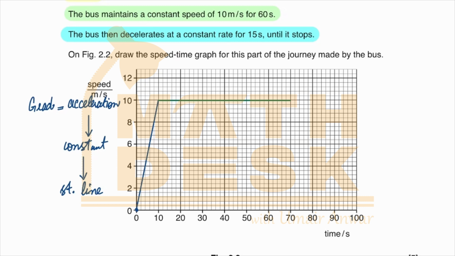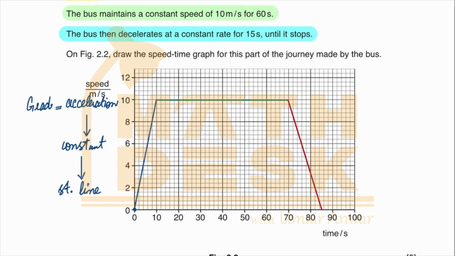And now the final part of the journey, the bus decelerates at a constant rate for 15 seconds. So from 70 seconds onwards, we have a 15-second interval till 85 when the bus decelerates. So again, for constant deceleration, we have to make a straight line starting from this point, and we have to connect this line at the moment of 85.